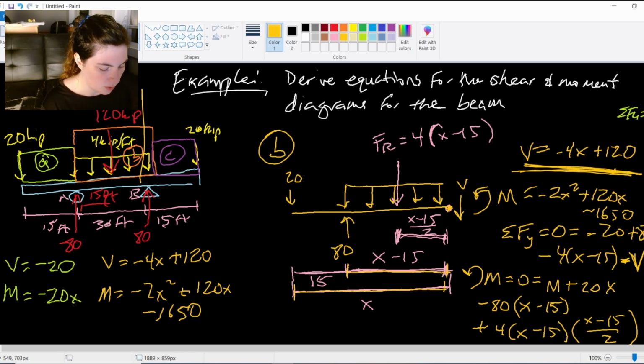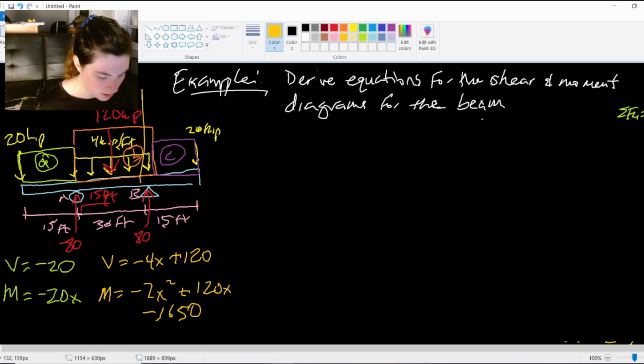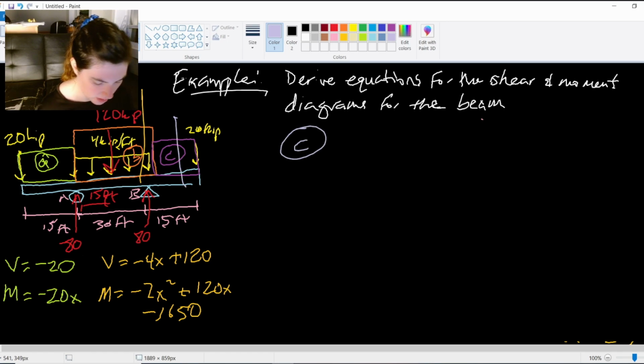And then we have our final load region, which looks a lot like our first one, right? We're just going to take this area here, everything to the left. Let's cut through our beam.